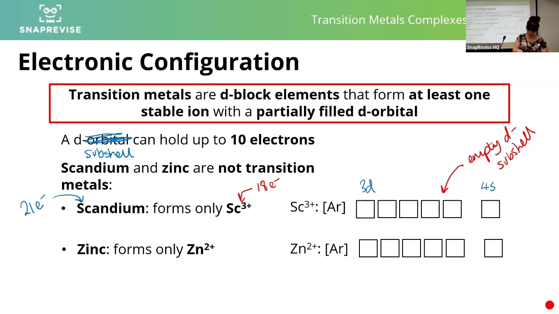Zinc. What about zinc? A zinc atom has got a total of 30 electrons. A zinc ion, Zn2+, has lost 2 electrons, so it will then have 28 electrons. Again, within zinc, the atom electron configuration should look something like this.